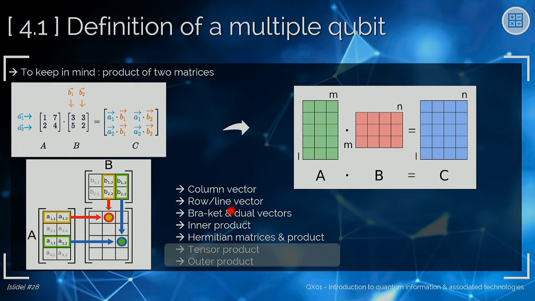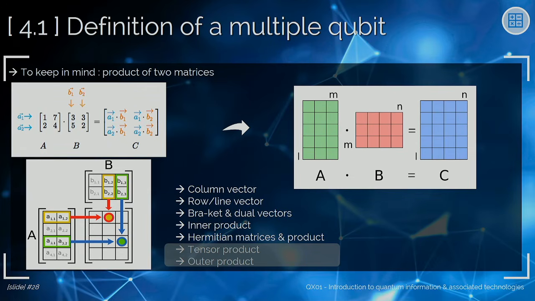So the bracket and dual vectors, we've seen that. The inner product, which is the bracket operation. We've seen the notion of Hermitian matrices associated to these vectors and their product, how we can multiply them.